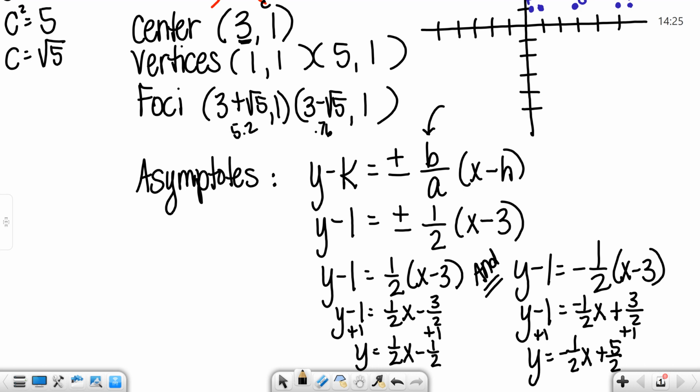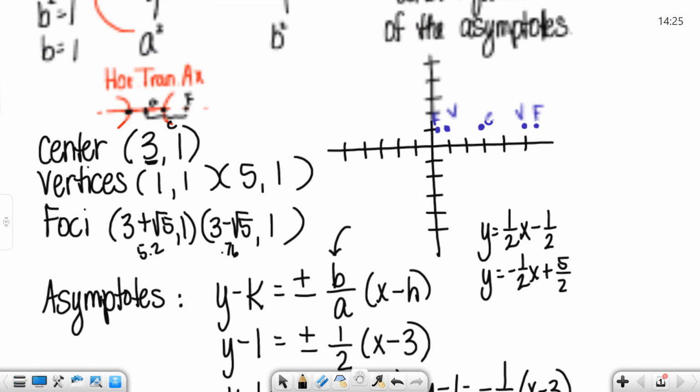All right, so now I've got to use those two equations on my graph. So let me write them up here so when I pull this back up, we can see what we're looking at for our asymptotes. All right, so I'm going to slide back down so we can look at our graph.